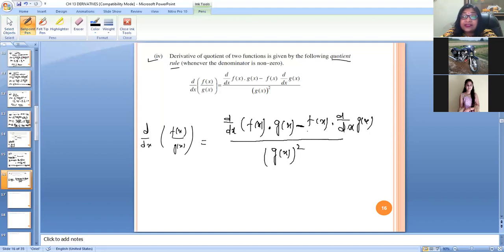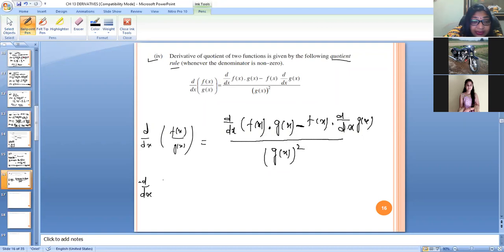Otherwise, your negative sign mistake will be there in the question. The very first step: put a line and take the square of the denominator term. Whatever term is in the denominator, write its square. Then the derivative of the numerator, f(x), into g(x) as it is; write whatever the denominator term is as it is. Minus, write the term in the numerator as it is into the derivative of the term in the denominator, that is g(x).